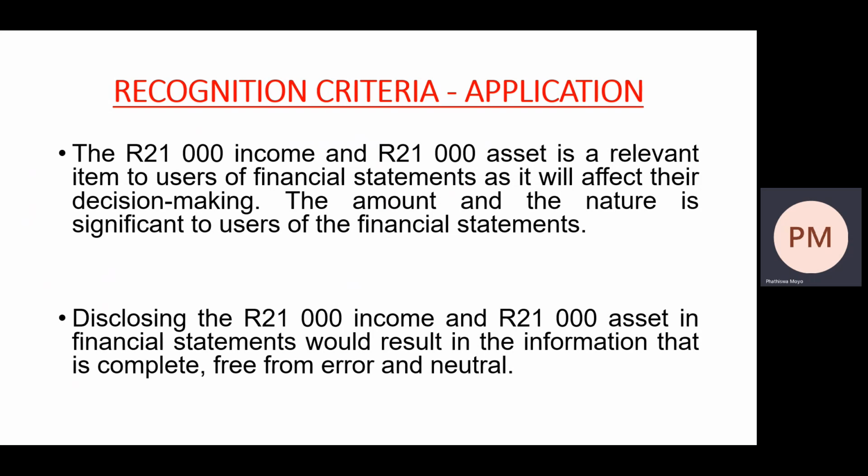Saying we're not using the accrual concept, we're using the cash basis, means we would not recognize this revenue because we've not received the money. That is not applicable in this case. It would have been wrong, by the way, not to use the accrual concept when preparing financial statements. So in this case, ladies and gentlemen, this is free of error and it's neutral.